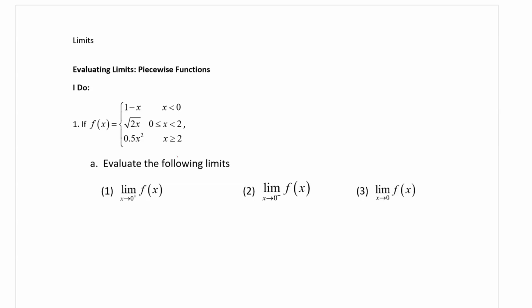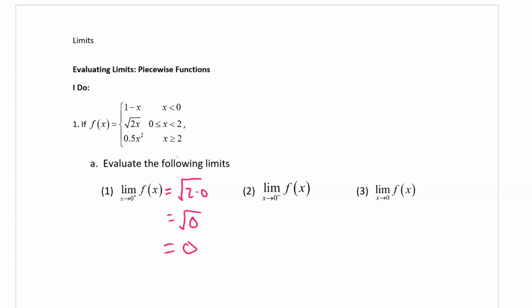First we're looking at the limit as x approaches 0 of f of x from the right. So 0 from the right, we're looking at the middle one. We've got the square root of 2 times 0, square root of 0, which is 0.